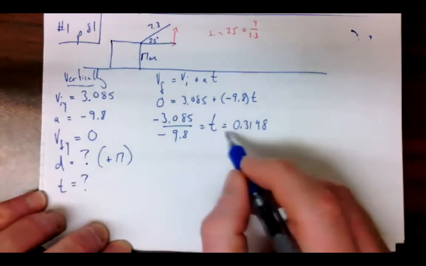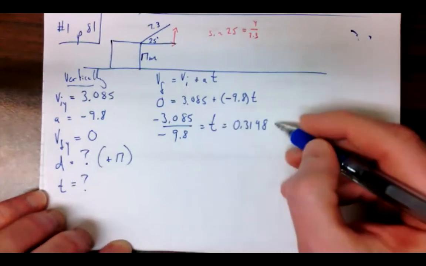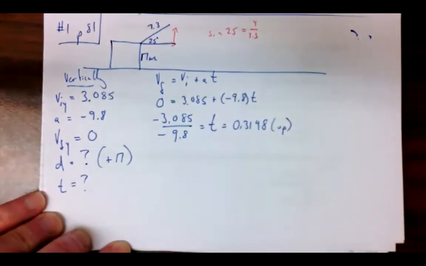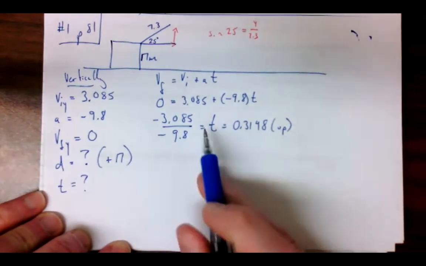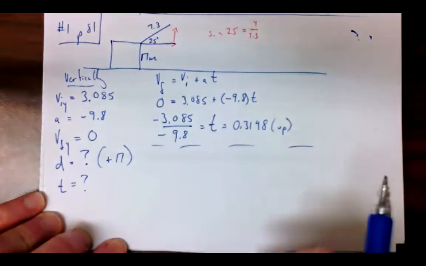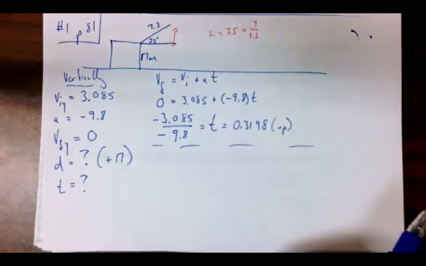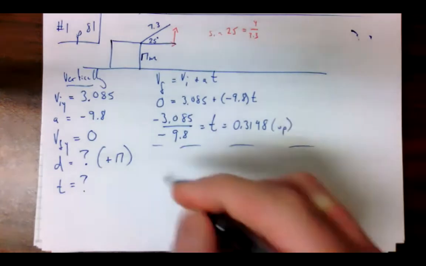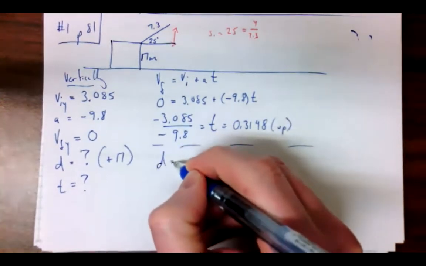So this is just a tiny piece of the puzzle. This is the amount of time it spends going up. So now let's figure out how much higher above the building it goes. We're going to solve for displacement here. I'm going to use this formula. There's lots of formulas we can use.